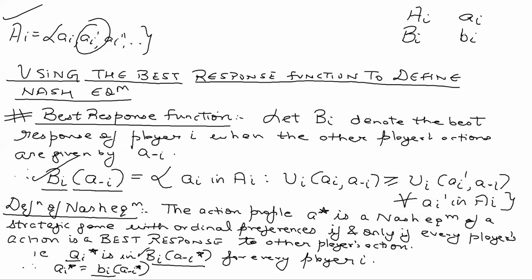Similarly, capital B_i is the set of best responses of player i in response to all other players' actions. Small b_i is the element of capital B_i. So I can say capital A_i and capital B_i are sets, whereas small a_i and small b_i are elements of the set.